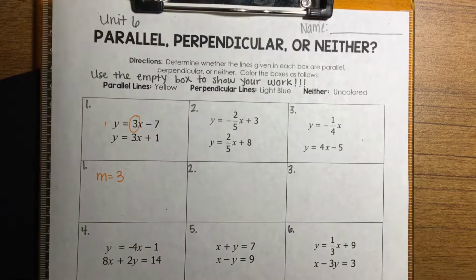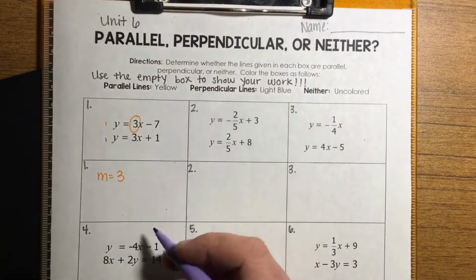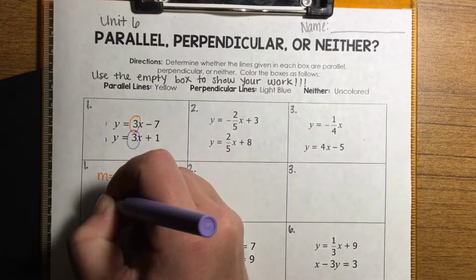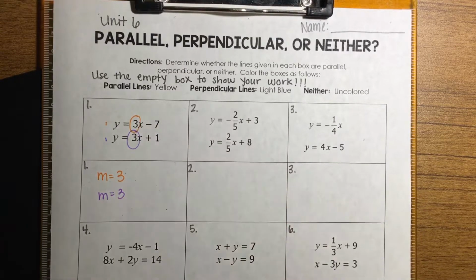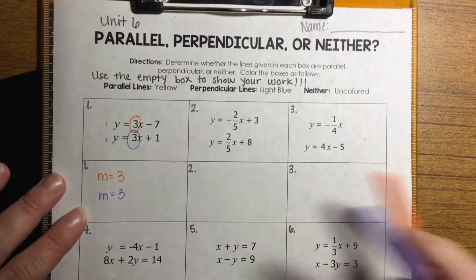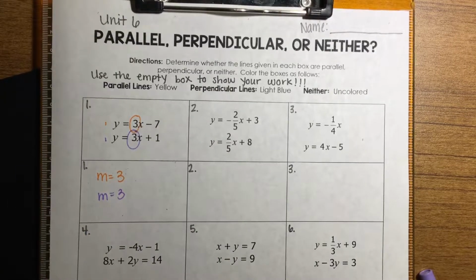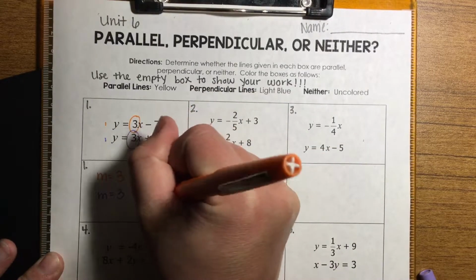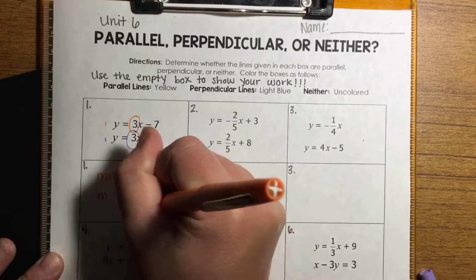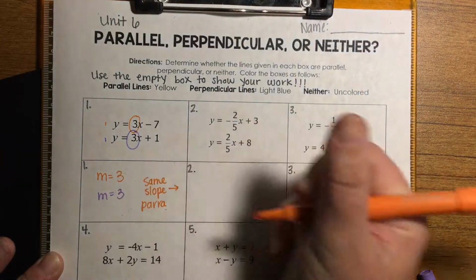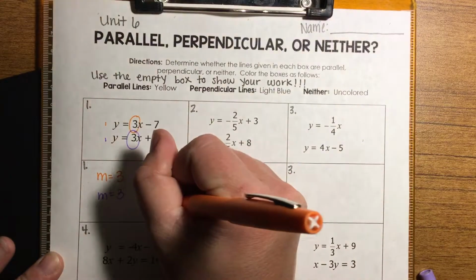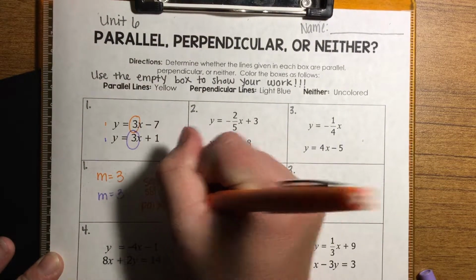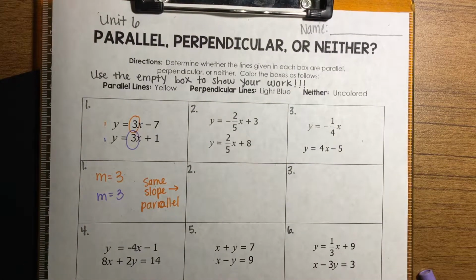The second one, I will show it in purple, I have m equals 3. So they're the same slope, which means that they are parallel. I just spelled parallel wrong. There we go. Same slope, so they're parallel.